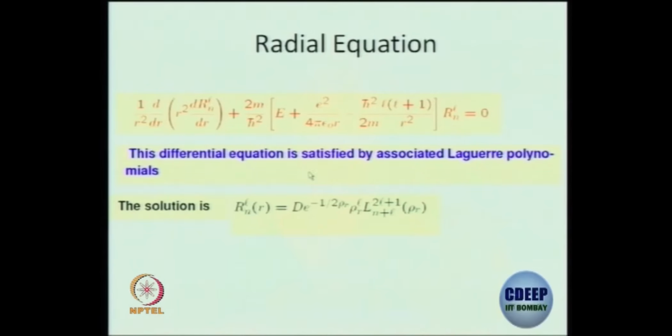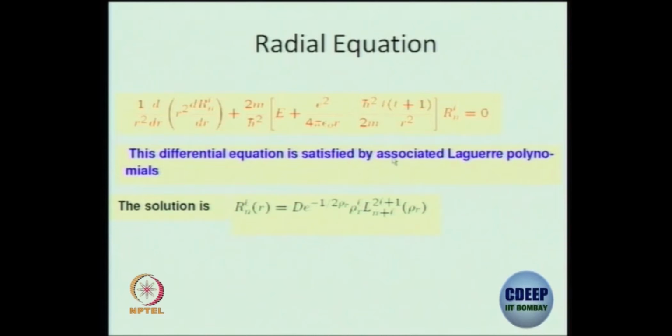So what is the solution? Solutions are given in the literature. If you remember, I was trying to give you this Gram-Schmidt orthogonalization for function spaces, and I was trying to say that you should put a weightage factor.